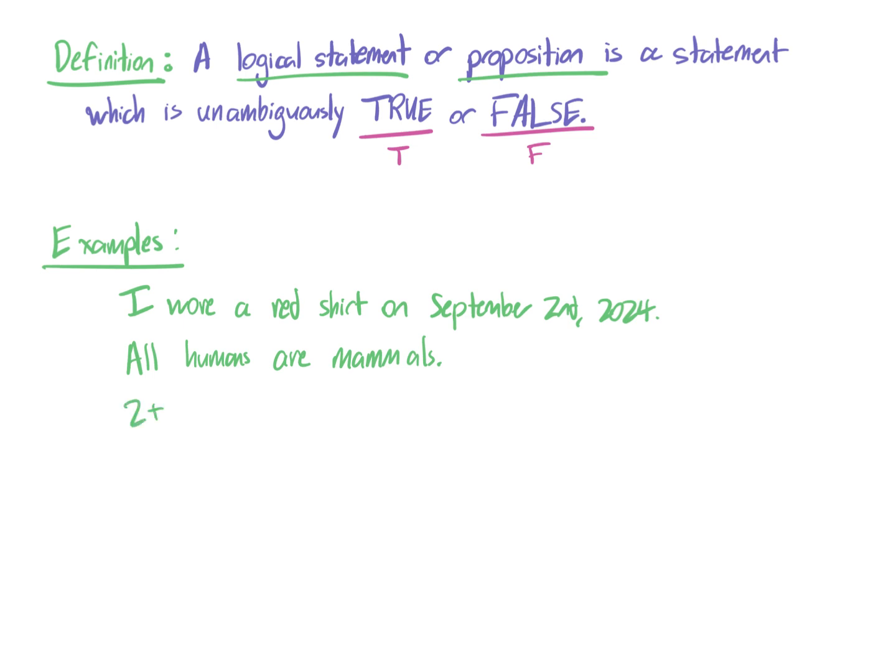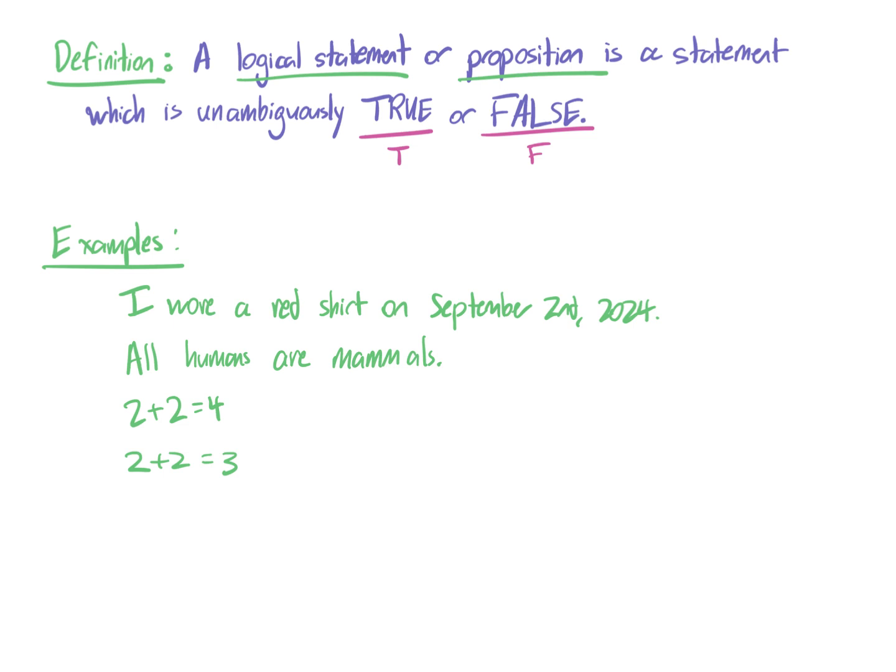Here's another one. 2 plus 2 equals 4. And here's one last one. 2 plus 2 equals 3. So these are all statements that are unambiguously true or false.